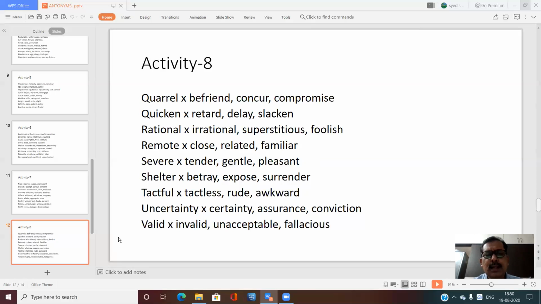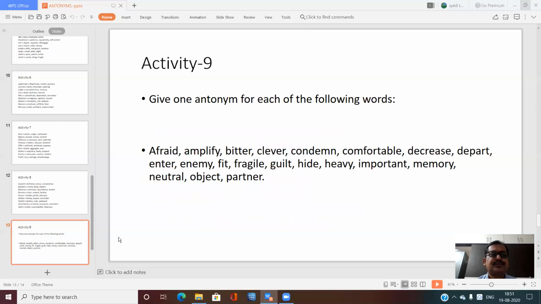Opposite word: tactless, rude, awkward. Uncertainty. Opposite: certainty, assurance, conviction, it is faith. Valid. Opposite: invalid, unacceptable, fallacious. So these are the antonyms.